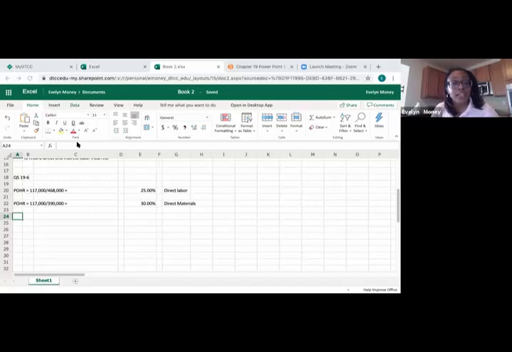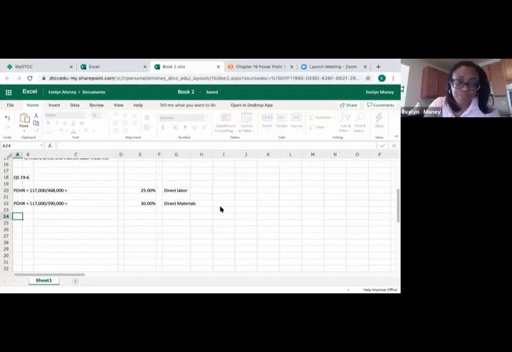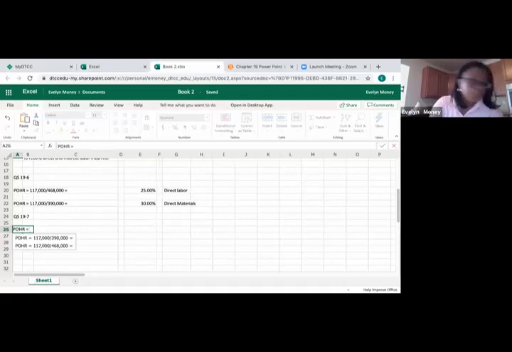Before we can do the entry, we first have to find our predetermined overhead rate. Once we find that rate, we're going to apply that rate to the actual hours for one specific job so that we can do our entry. So let's first find the rate. In this example, the predetermined overhead rate is based on machine hours.